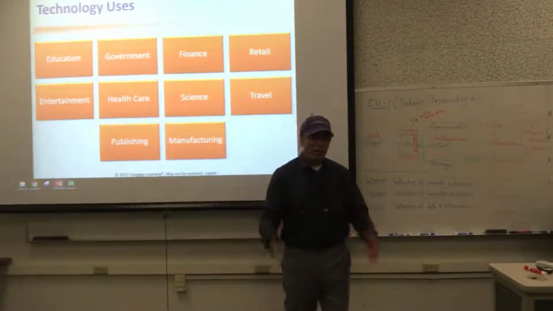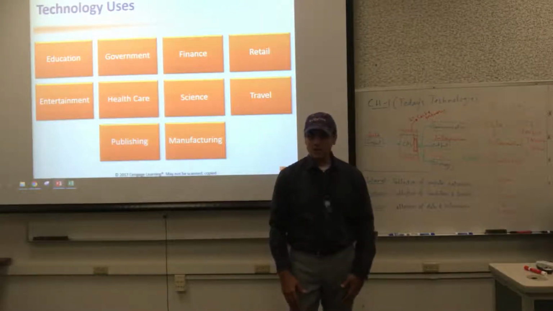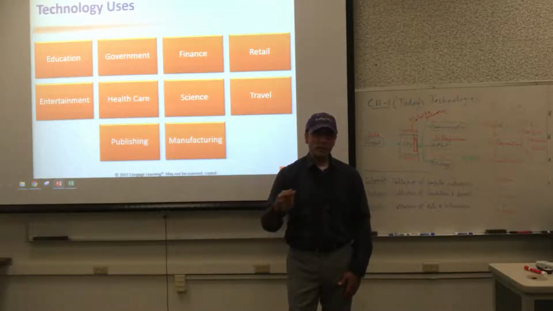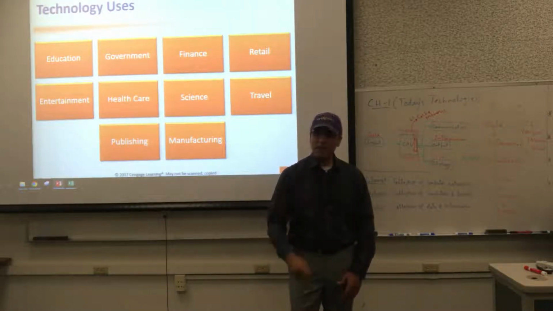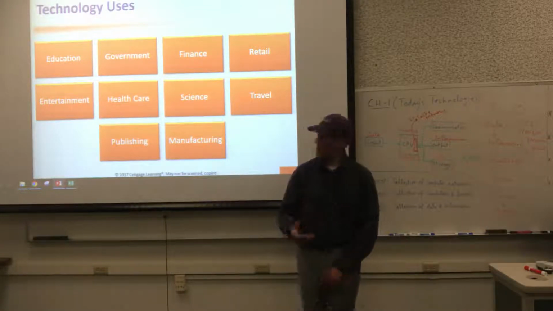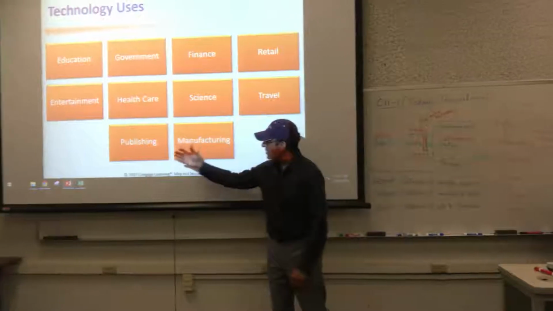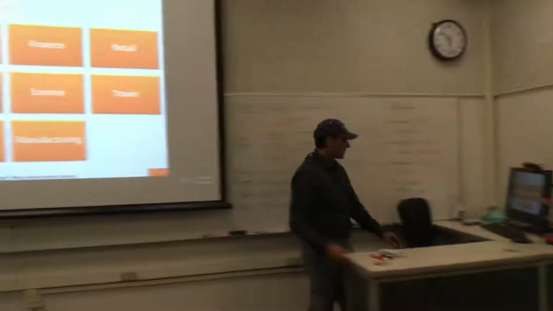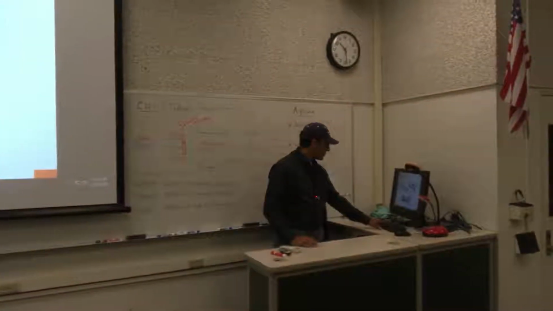I have hardly called, unless there's a dispute with a refund or some other problem, but hardly have any interaction with any one of those agents, which means everything can be done online. Every single thing can be done online these days. And I gave you some examples earlier on. Publishing, manufacturing. Manufacturing also uses various types of technologies to access.